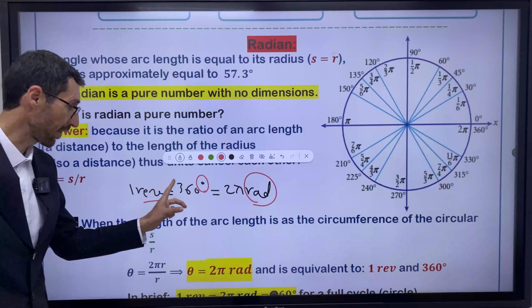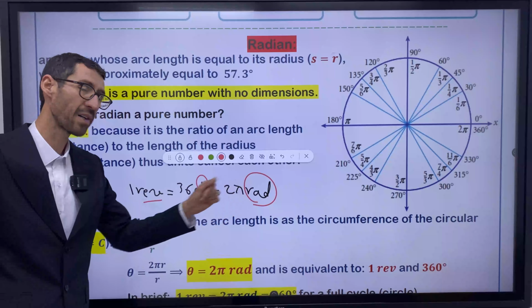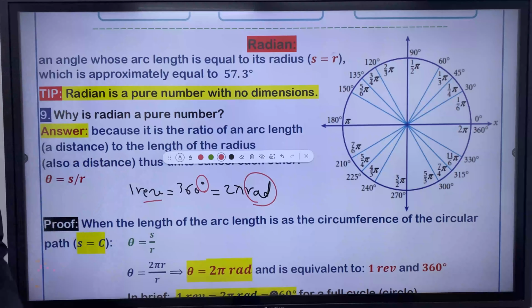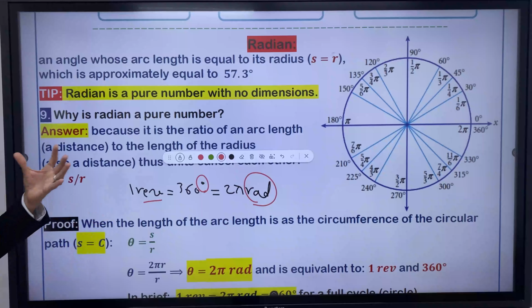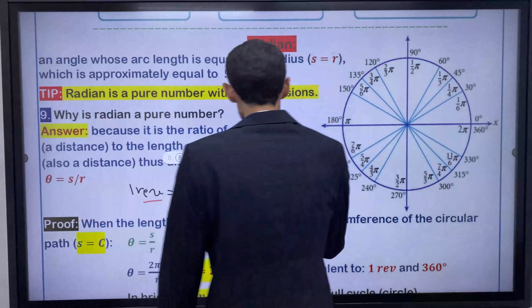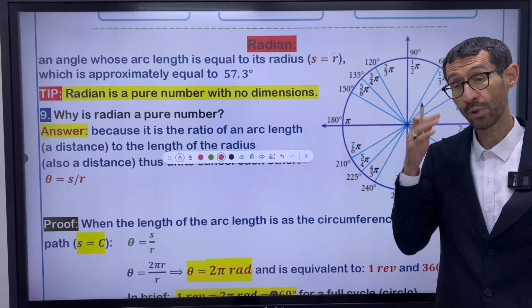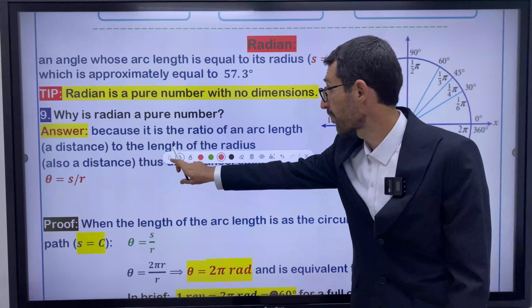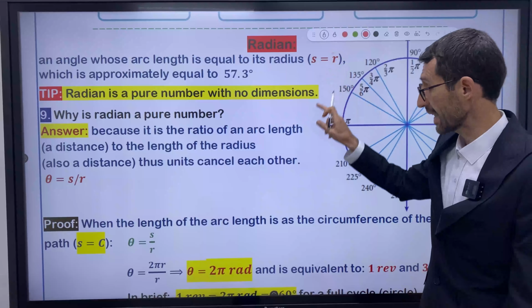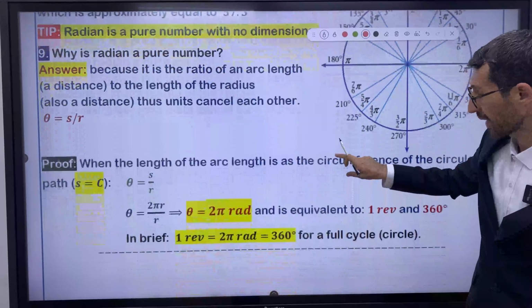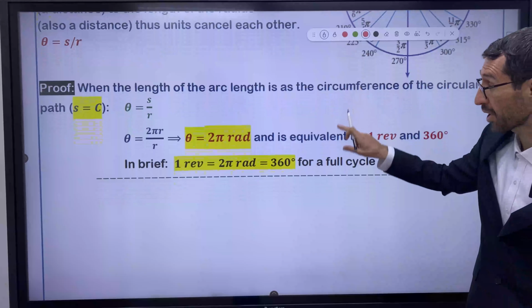One rev is equal to 360 degrees and is equal to 2 pi rad. So there's a correlation between these quantities. You can convert each of them to the other quantity; in the next lecture I'm going to focus on the conversions.